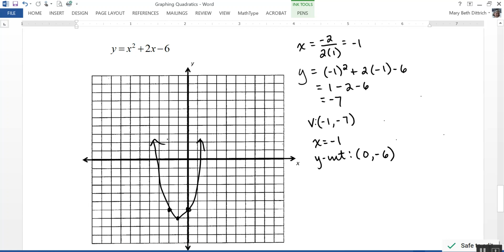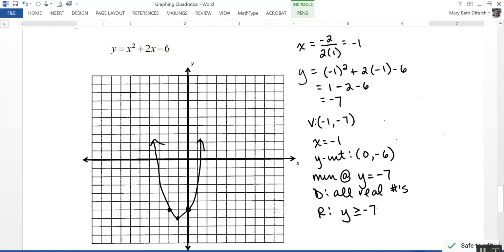This graph is going to have a minimum value at y equals the y of my vertex, negative 7. And this is going to have a domain of all real numbers. And my range is going to be, since the graph is going up and all of my y values are greater than negative 7, y is greater than or equal to negative 7.